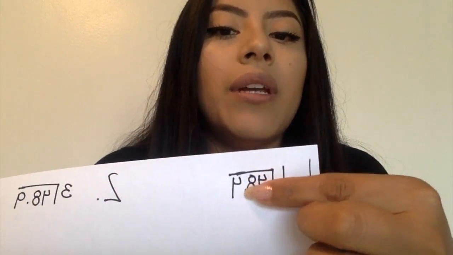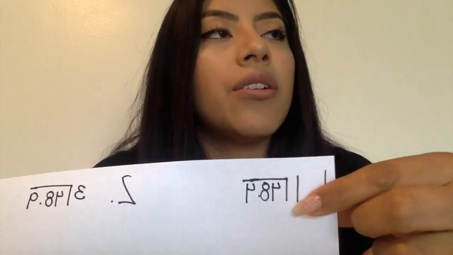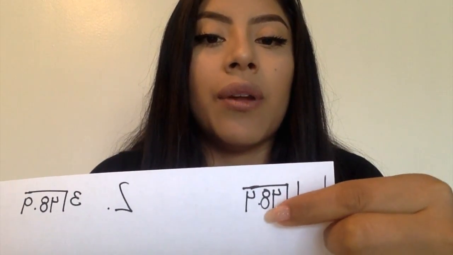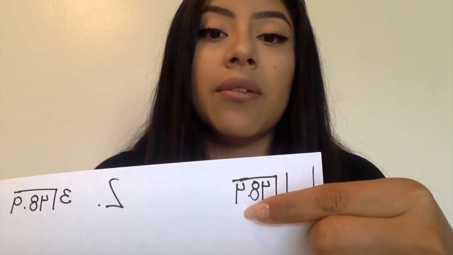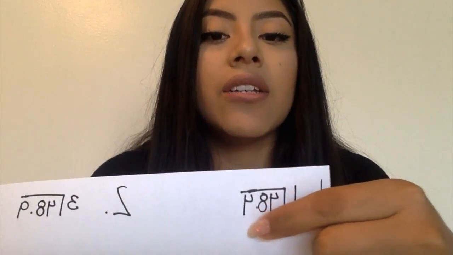So let's start out with the first question. The first one is 48.4 divided by 1. So let's start out first by looking at our whole number. Our whole number before the decimal is 48. So let's divide that first and then we will go from there.